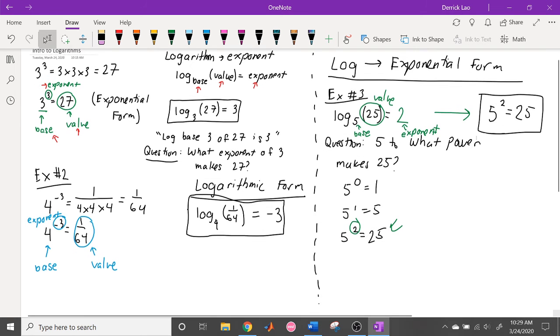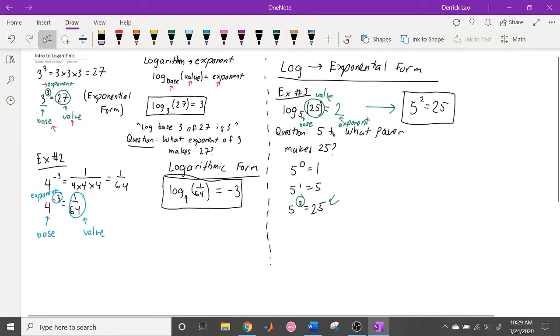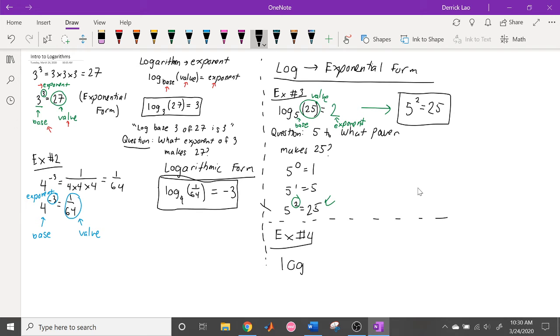And then let's do one more example. Let's do another example over here. So example number 4. So we look at this. Log base 2 of 1 over 8. And I'll give you this one already, guys.